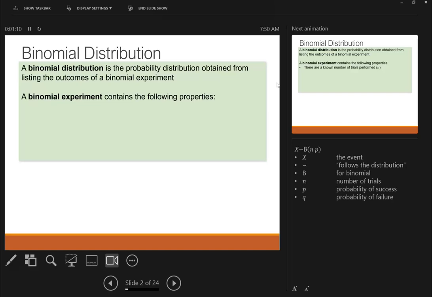So this specific probability structure we're going to talk about today is the binomial distribution. It's a type of probability distribution obtained by listing the outcomes of a binomial experiment.